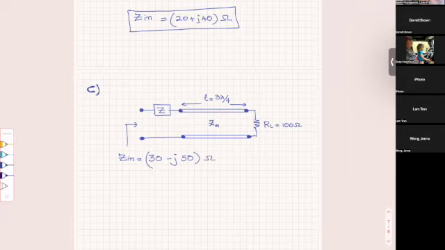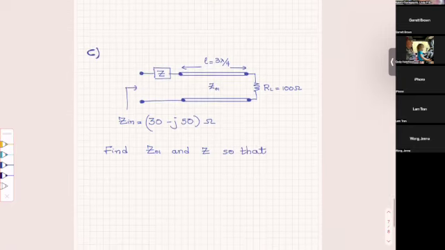Okay, so find Z01 and Z. In fact, I'll make it a little more complex, closer to what you're going to do.